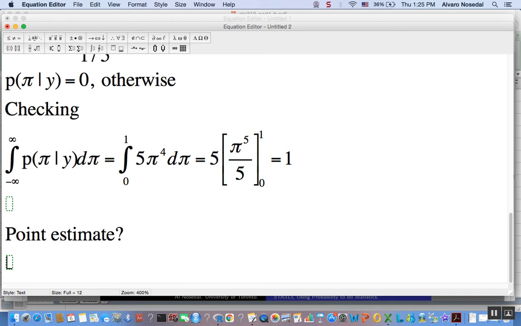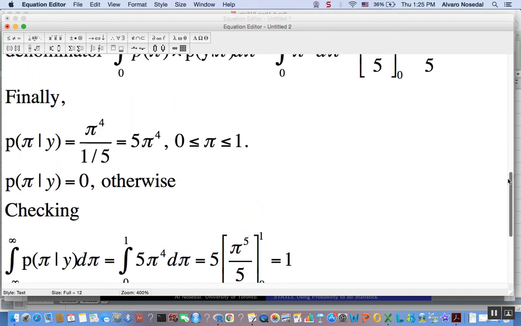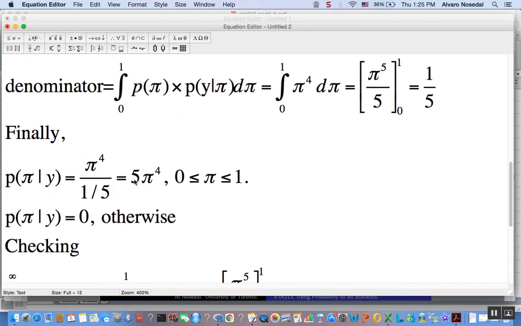If we wanted a point estimate for pi, a good choice would be the posterior mean, meaning the expected value of the posterior distribution. Okay? So in this case, it would be just the expected value of that probability density function. Okay, so let's find the posterior mean.